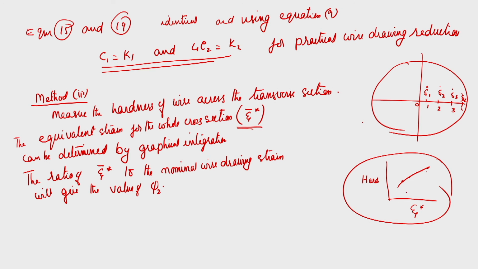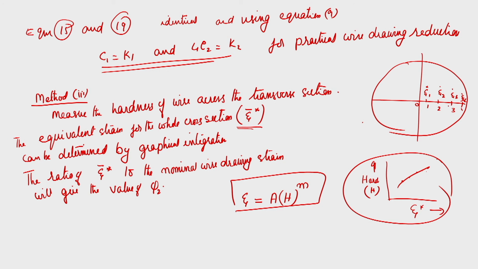Once you get this relationship of hardness versus strain, you can fit a curve for this, which can be plotted as A h raised to n; here we can say h. This is similar to the strain relation; instead of the strain you can convert it into h, so that becomes very easy.